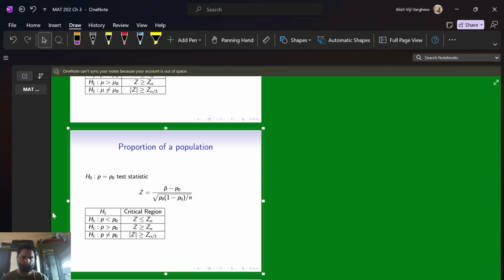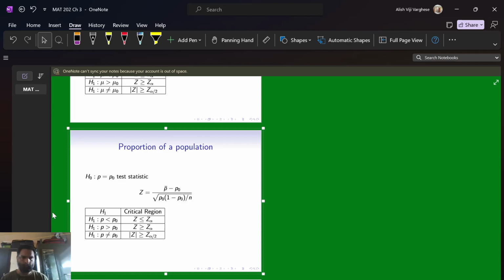Then we have the alternative hypothesis like P less than P naught, P greater than P naught, P not equal to P naught, and the corresponding critical regions Z less than Z alpha, Z greater than Z alpha, mod Z greater than Z alpha by 2.